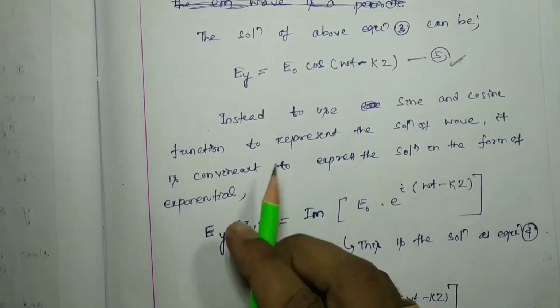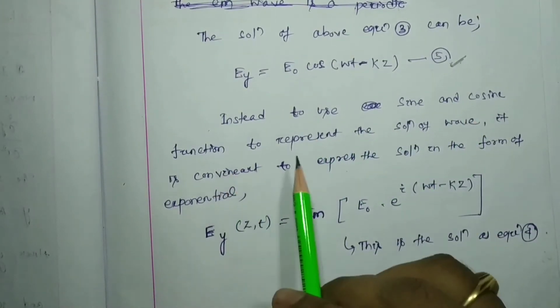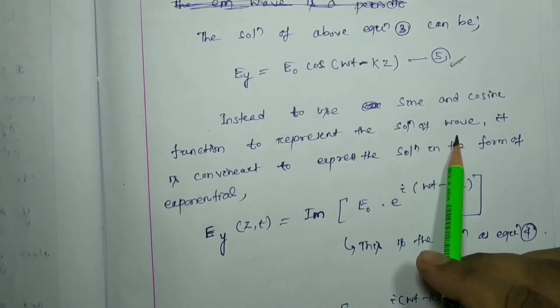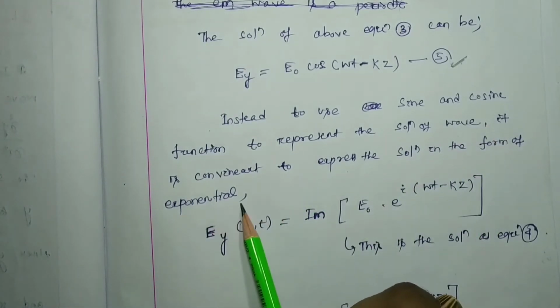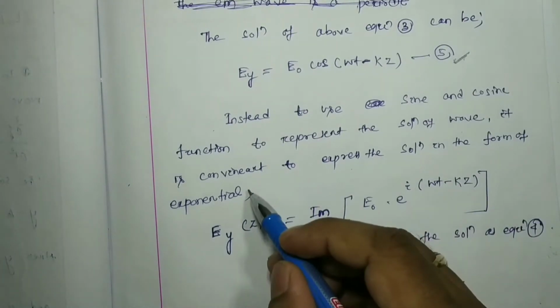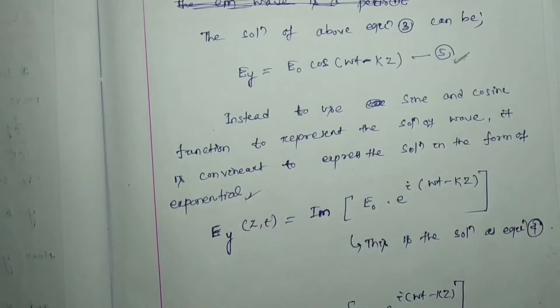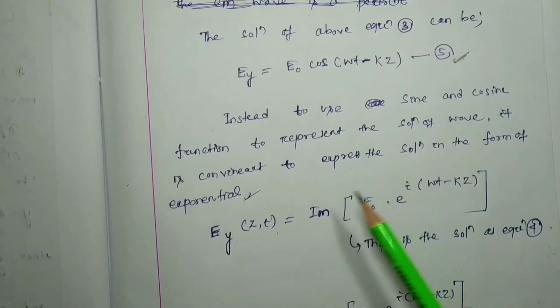So instead of using sine and cosine functions to represent the solution of the wave, it is convenient to express the solution in the form of an exponential function. That means Ey, which is a function of z and t, can be written in this format.